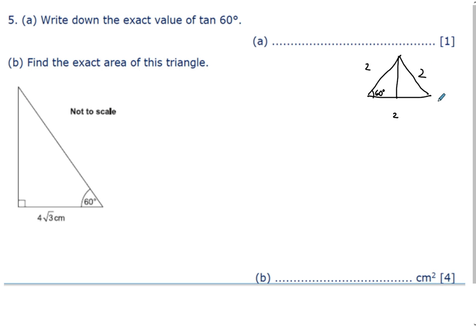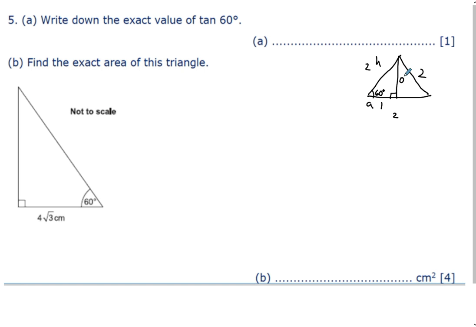Now if you split that triangle in half, then that will be 1. So here you've got a right angle triangle, and that's your hypotenuse, that is your opposite, and that's your adjacent. So tan would be O over A.